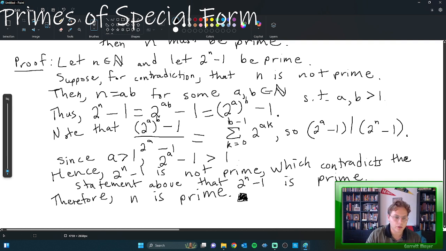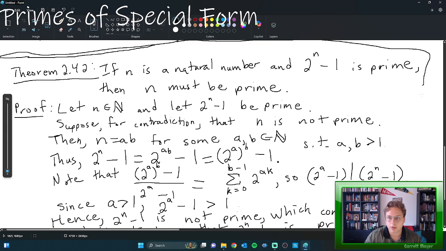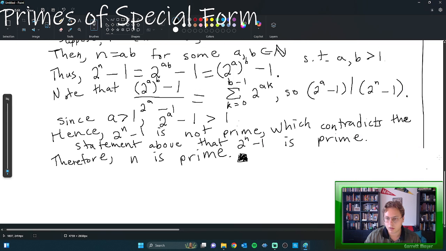So, looking at this proof, what exactly does this imply about Mersenne numbers, or Mersenne primes?